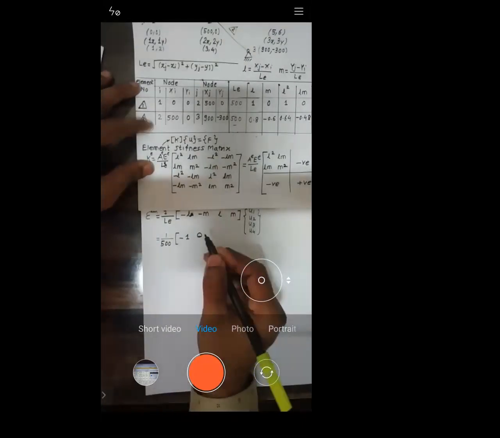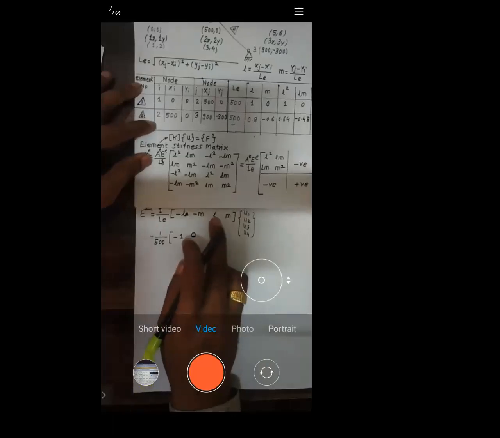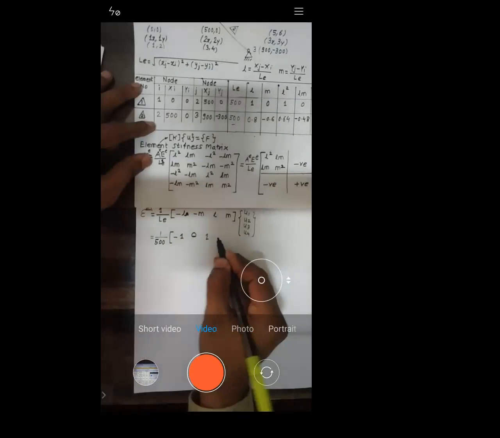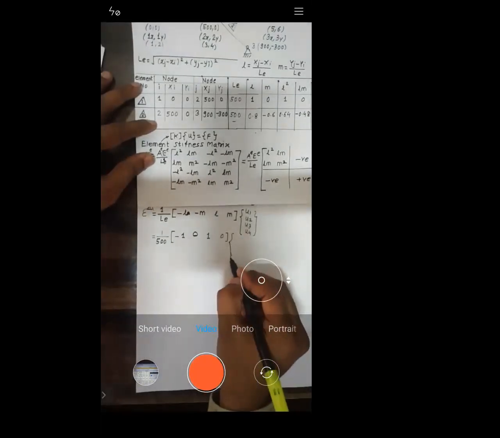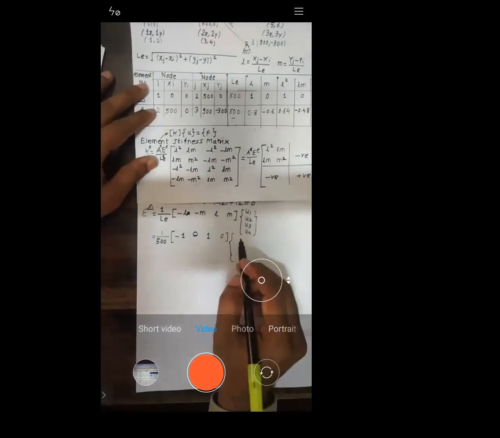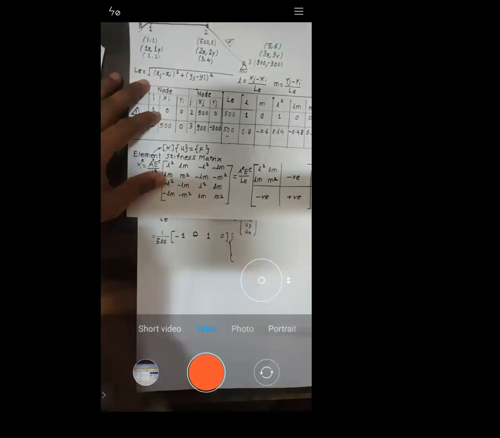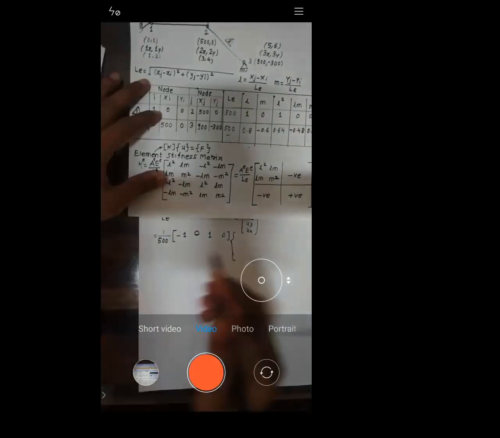So I'll write down 0 only. So 1, 0, where L is 1 and M is 0. This is to be multiplied by U1, U2. What is the value of U1 and U2? It is 0. U1 is 0, U2 is 0.